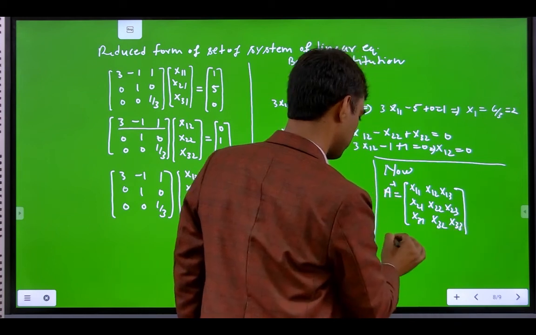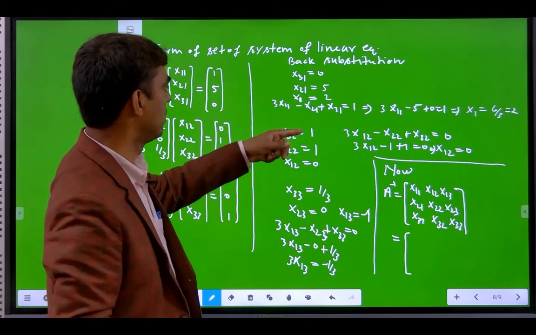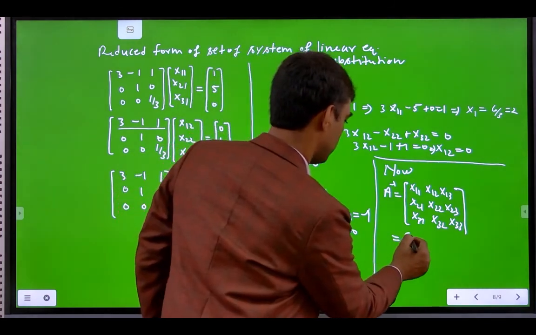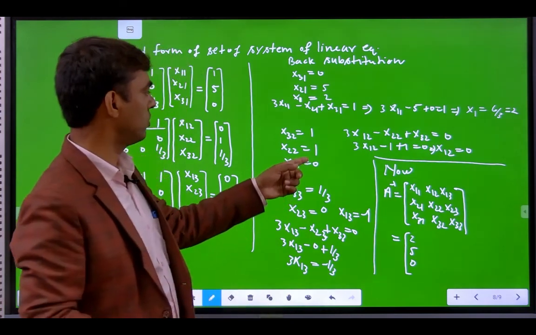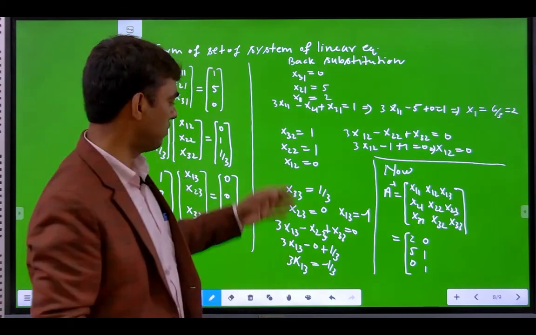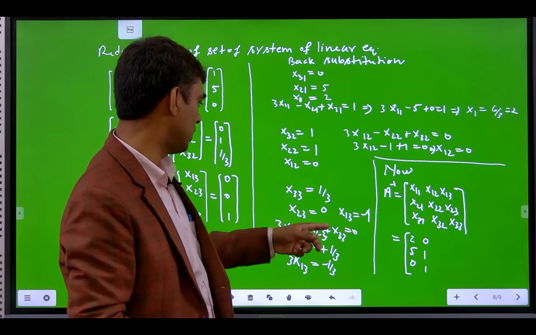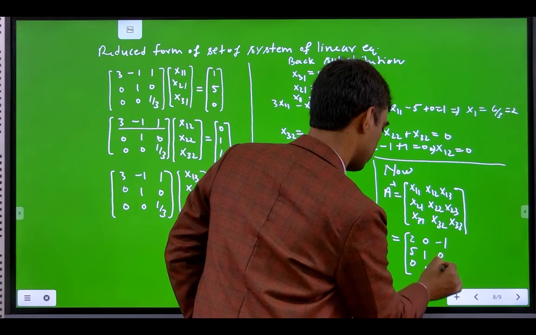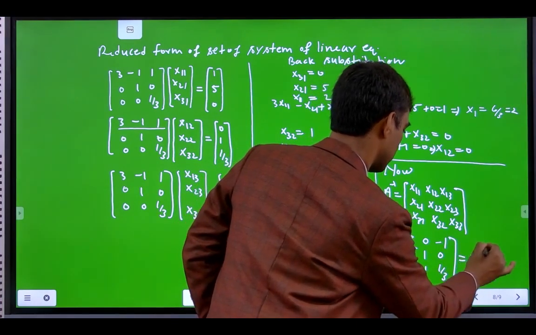Putting in the values, the first column is 2, 5, 0, the second column is 0, 1, 1, and the third column is minus 1, 0 and 1 by 3. So this is A inverse.